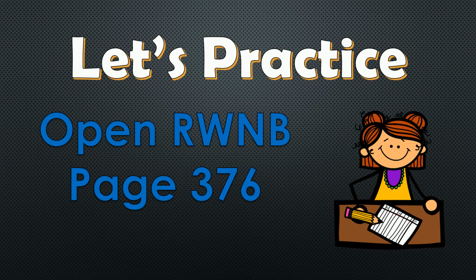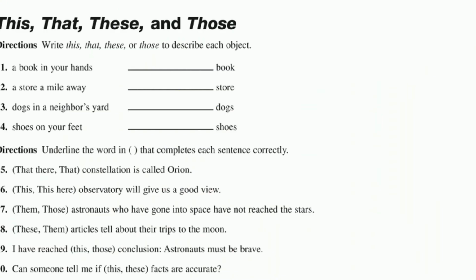Now let's practice. Open again, page 376, and let's answer this question. Write this, that, these, or those to describe each object. A book in your hand means what? Which one are you going to use? This. That is fantastic.